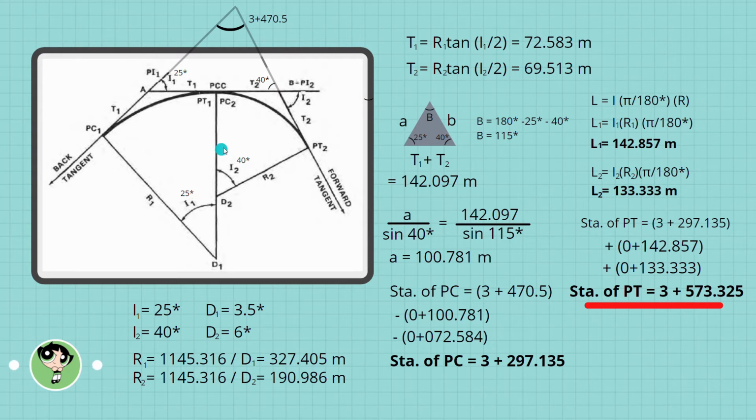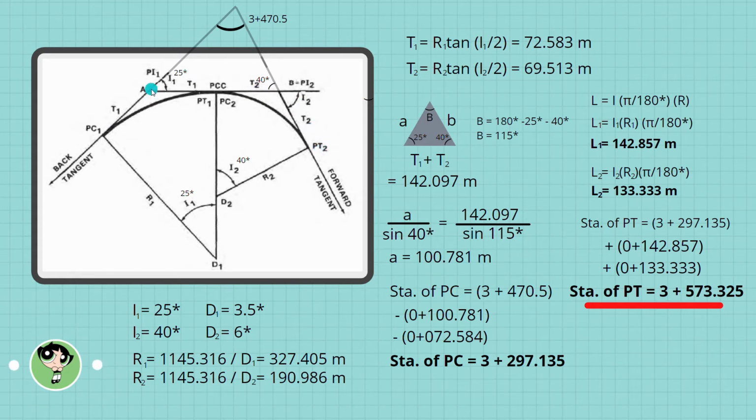For us to get the station of PC, we have to solve using the vertex and get our first tangent. We also need L1 and L2, so we need to get our tangent 1 and tangent 2, for the first tangent of the curve and the second tangent of the curve.